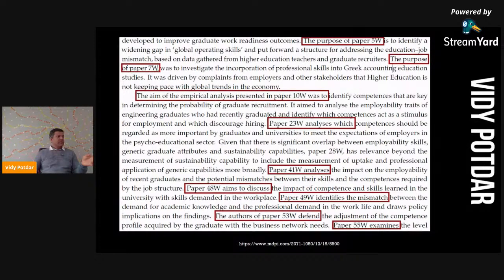The purpose of paper 7W was to investigate something. The aim of the empirical analysis presented in this paper was to do something. So here, each paper is like paper summary, paper summary, paper summary. So it's not very interesting to read, to be frank. It has to be more cohesive, and the synthesis has to be much better.